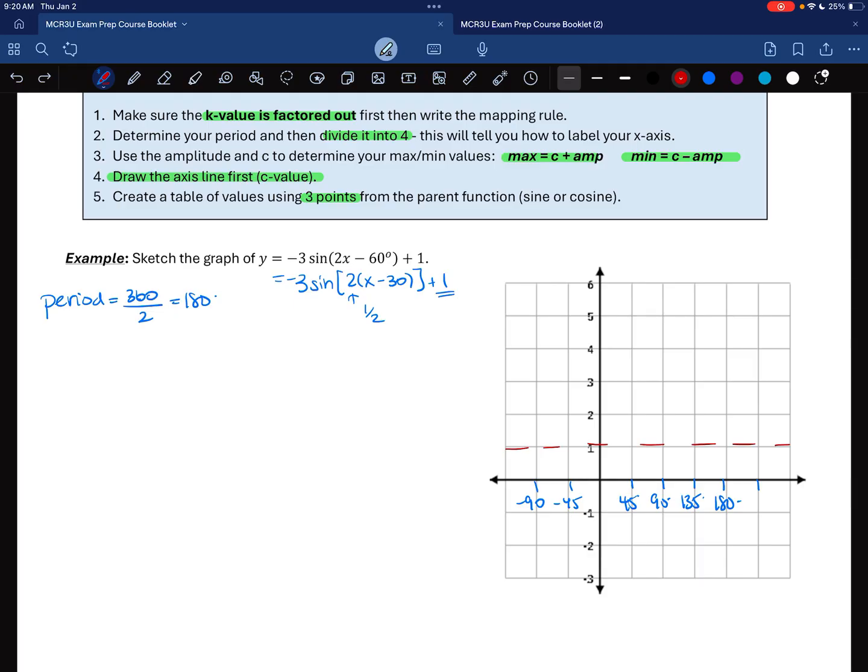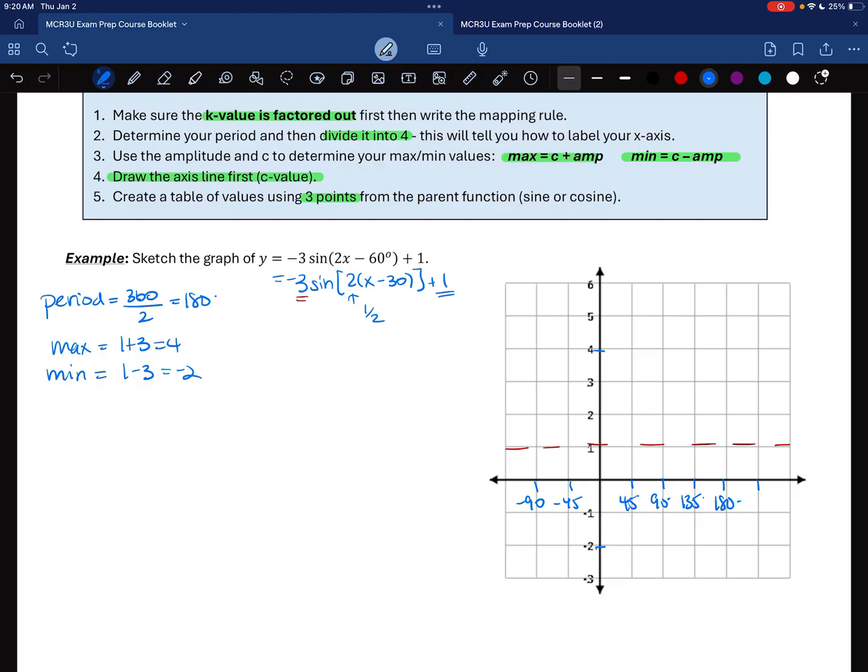The amplitude is 3. So I know my max value is going to be 1 plus 3, which is 4. And my minimum value is going down 3 units from 1, which is -2. So that's good on my scale here. I have 4 and -2. That's my highest and my lowest.